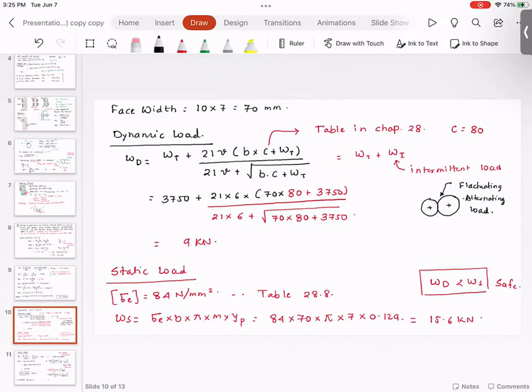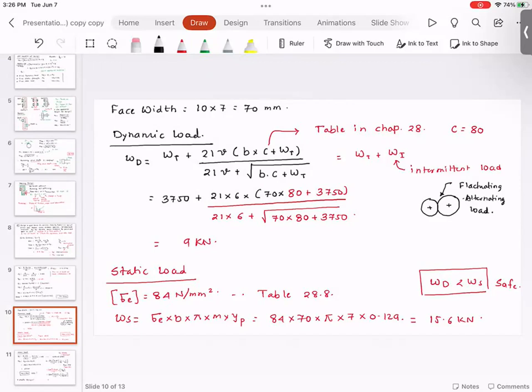So we go to table 28.8, find out the endurance strength of the material. And if you have not done this, again, I will ask you for a minute, go to table 28.8 and convince yourself that the value of sigma E is 84 Newton per millimeter square. Then find out the value of WS.